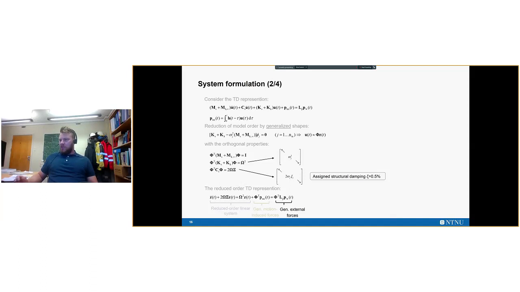So what we end up with is a time domain representation where we have a reduced order linear system, and we have a term that describes the motion-induced forces of the added mass and damping, and then our wave forces on the structure are transformed into a generalized space, which is given by these generalized modes from the eigenvalue problem.